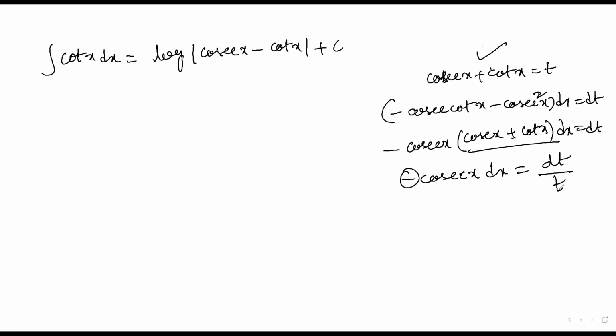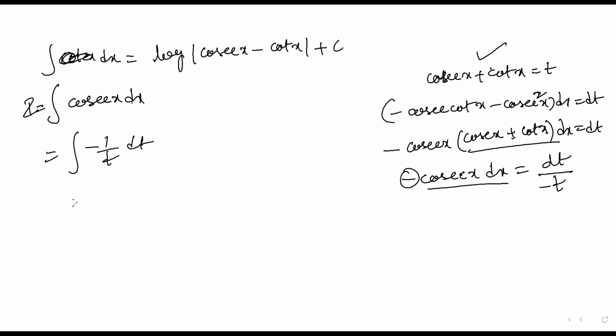Sorry, what we are doing is the integration of cosecant x. Integration of cosecant x dx is minus 1 by t into dt, so minus outside, log mod t.